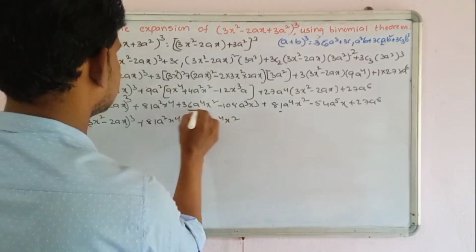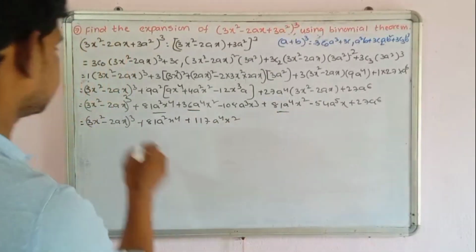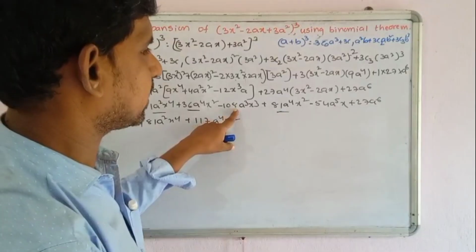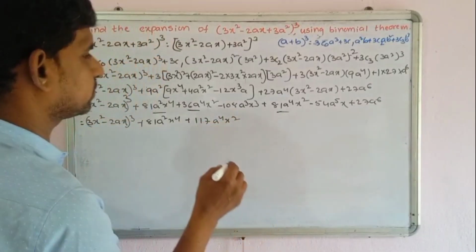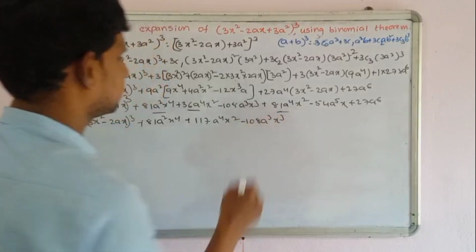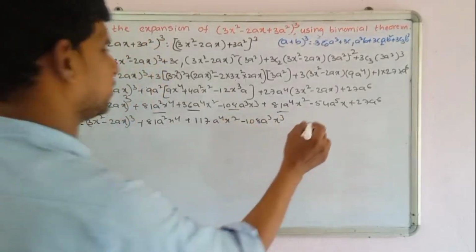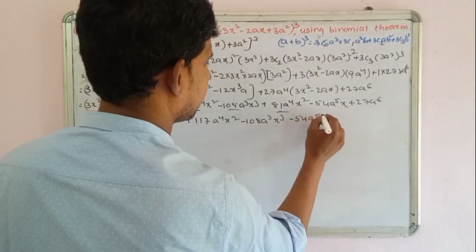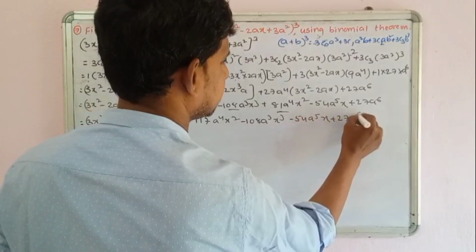Next, this is complete, these two terms are completed. Next, 108a³x³. Next one, 54a⁵x. So finally 27a⁶.